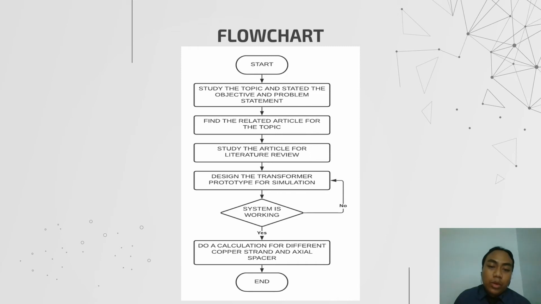When we get more understanding of the study, we will start to design the transformer prototype for simulation until the system is working, and then we will do a calculation for different copper strand and axial spacer.